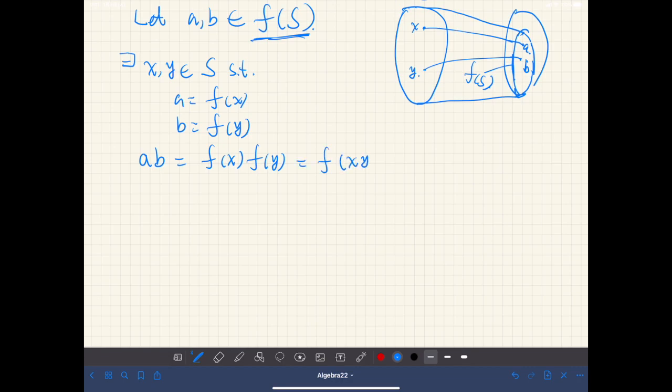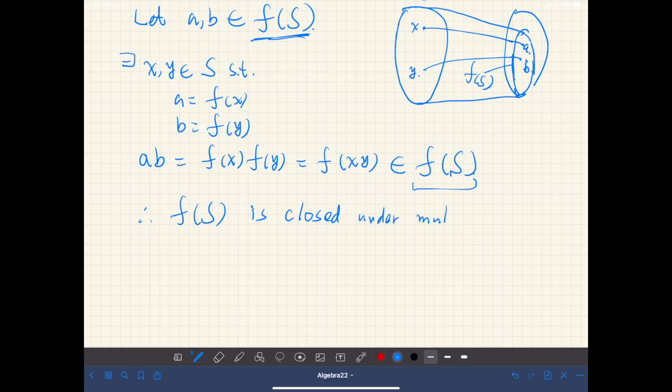So that becomes F of XY, which is of course an element of F of S. Therefore F of S is closed under multiplication.